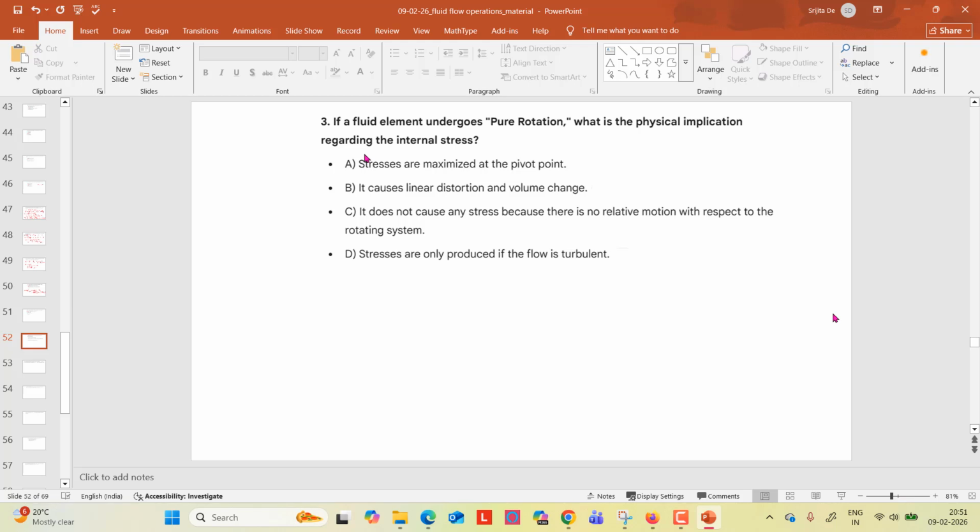Stresses are only produced if the flow is turbulent. So what do you think? It is option C. We have seen that, right? What is rotation? Rotation means this will go to this. So it does not cause any stress because there is no relative motion with respect to the rotating system.